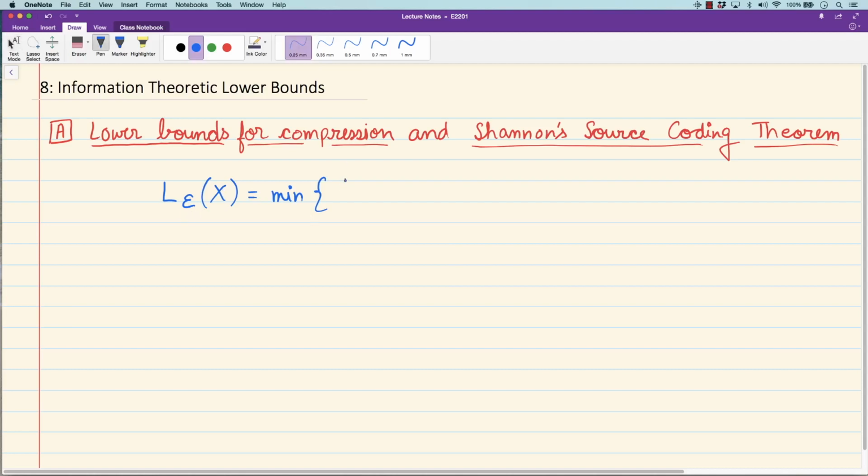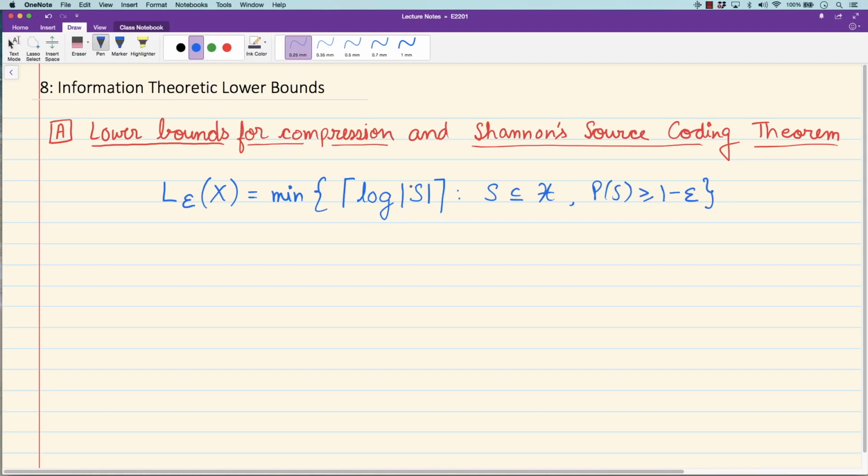More precisely, it is the minimum of the log of the cardinality of a set S, in bits, such that this set S is a subset of the alphabet of X and it has probability exceeding 1 minus epsilon under P. That's what this L epsilon of X is.